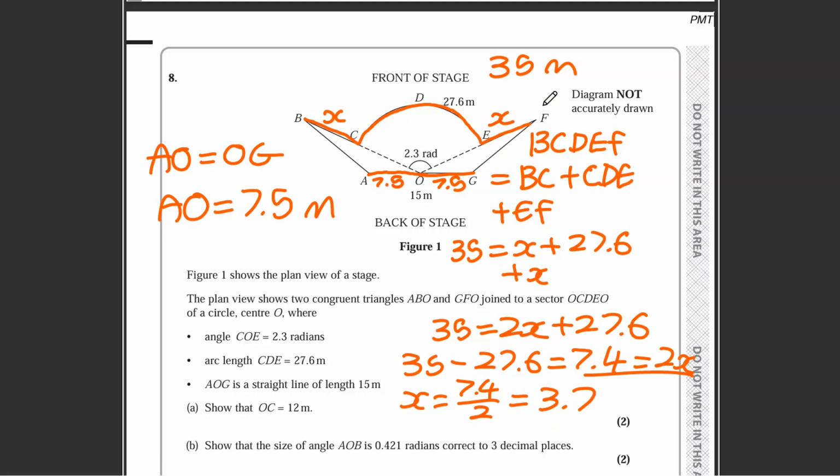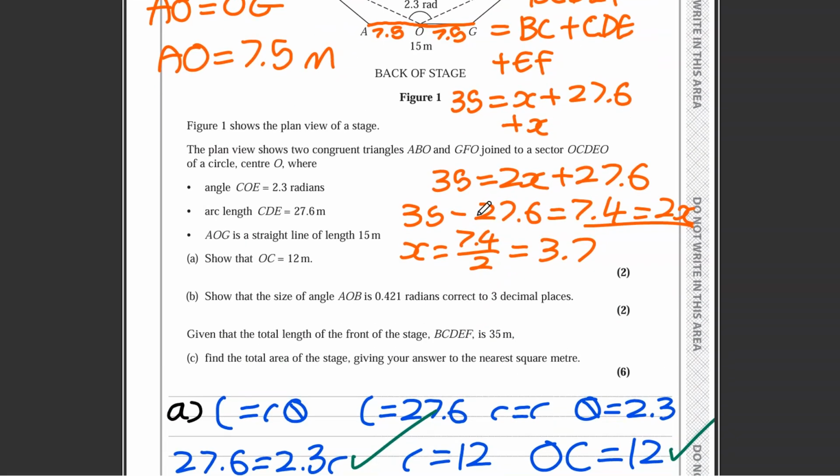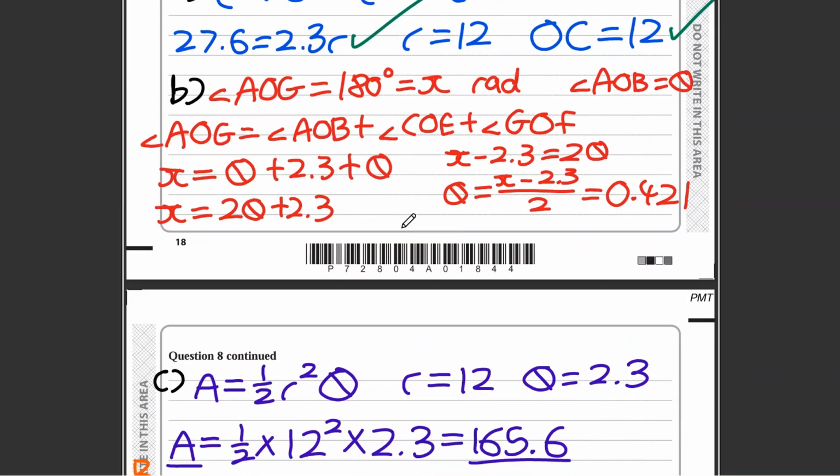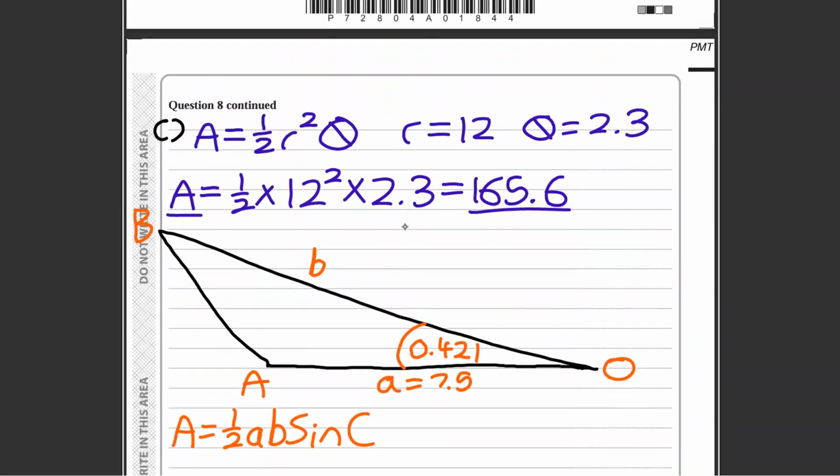And what we can do with that is then, this OC is equal to 12, and x here is equal to 3.7, so the entire line OB is equal to 12 plus 3.7, which is equal to 15.7. So this side here, b, is equal to 15.7.